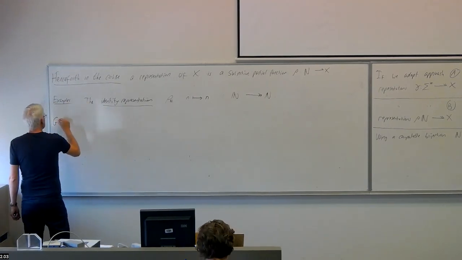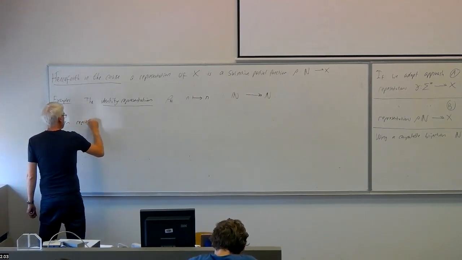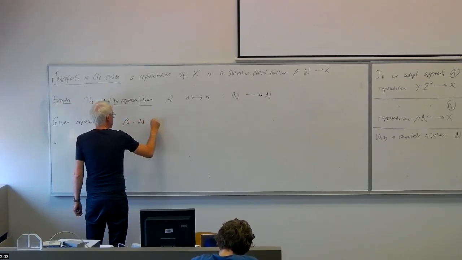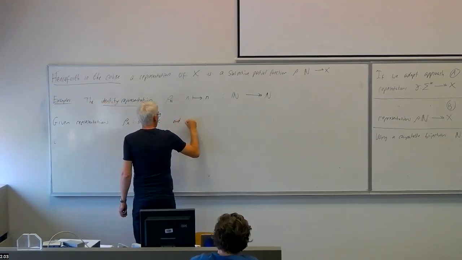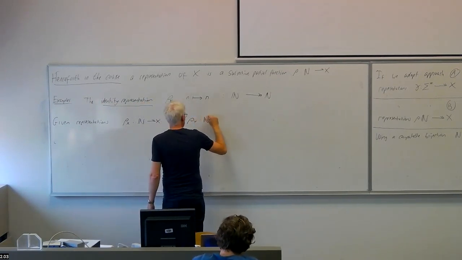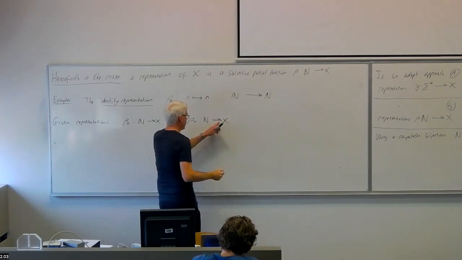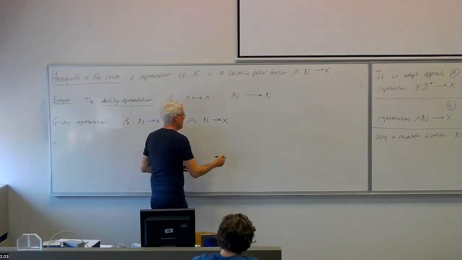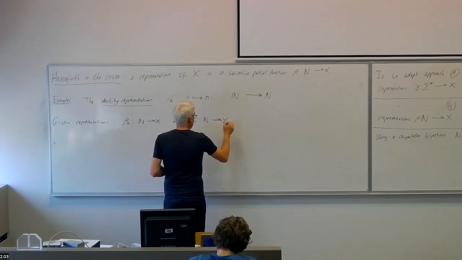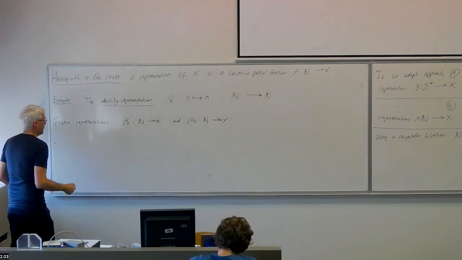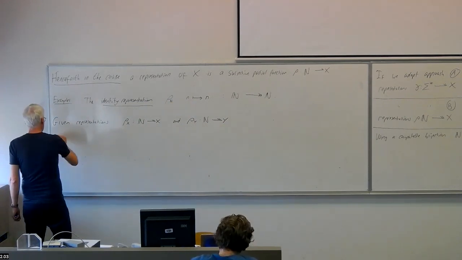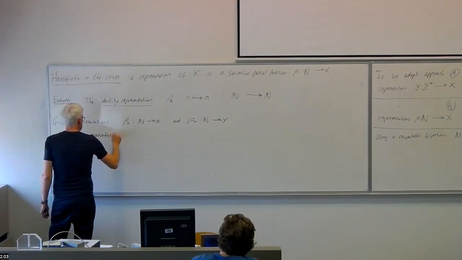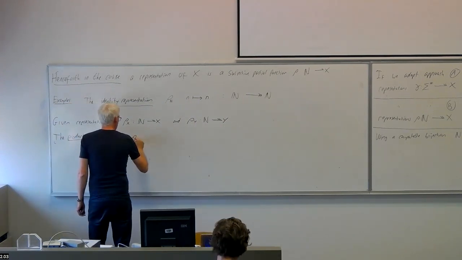So given representations rho X, which is a representation of the set X, and rho Y, a representation of the set Y. Remember, this funny half partial arrow means it's a partial function, and the double bit means it's surjective onto, and this is supposed to be a set Y rather than a set X. Then the product representation of the set X times Y I'll call rho X times Y.